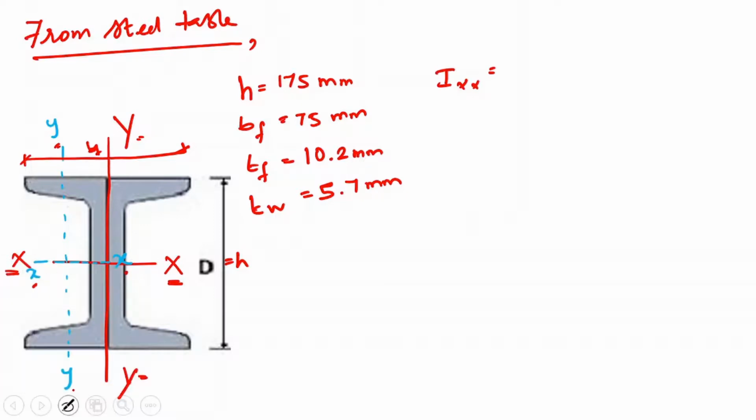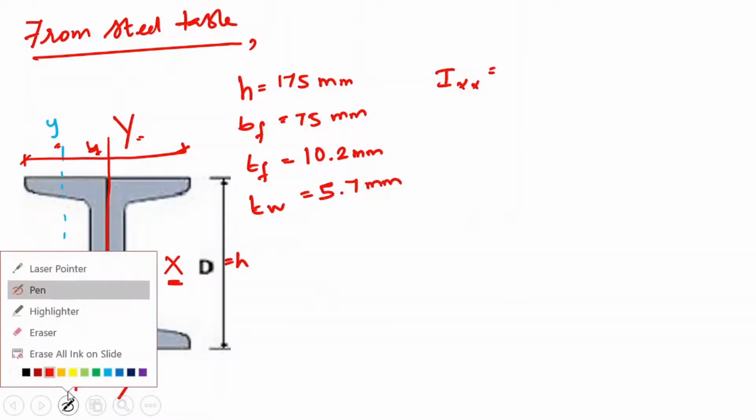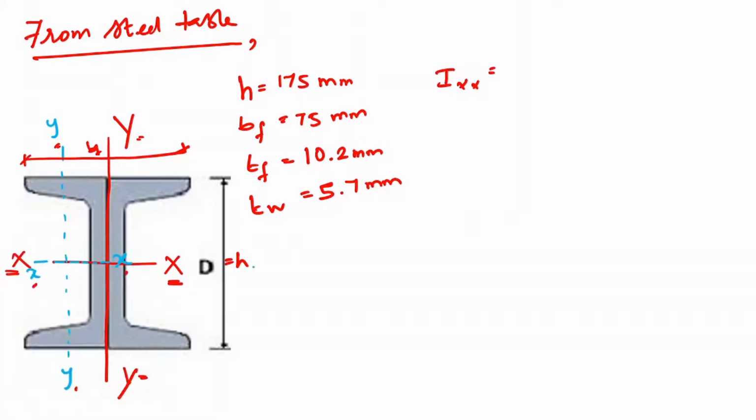I need to find the moment of inertia about the capital XX and capital YY. Then I'll find which is the least among capital YY or XX. Then I'll conclude which is the minor axis and which is the major axis, not now.